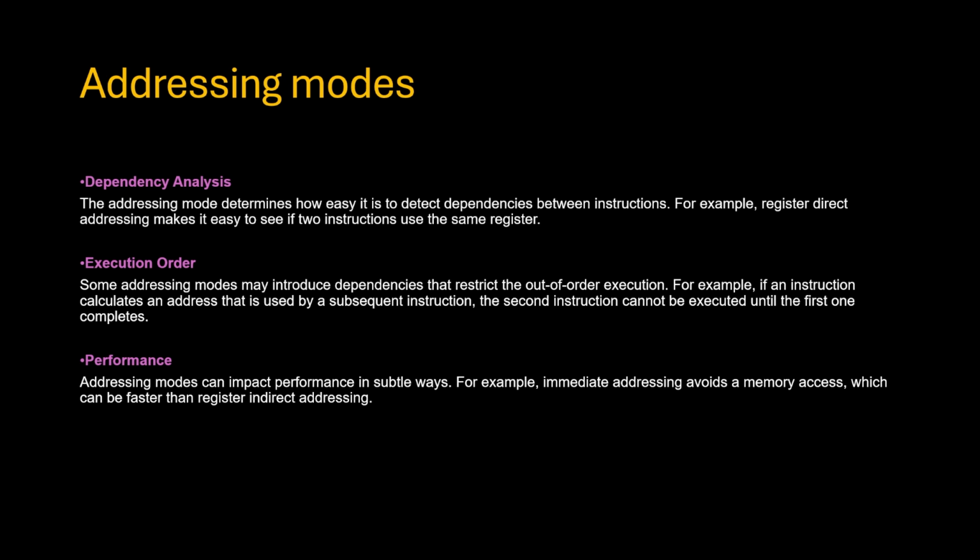In simple terms, the way addresses are held in an instruction can influence how easily dependencies are detected, how instructions are ordered for execution, and how quickly the processor can perform the task.